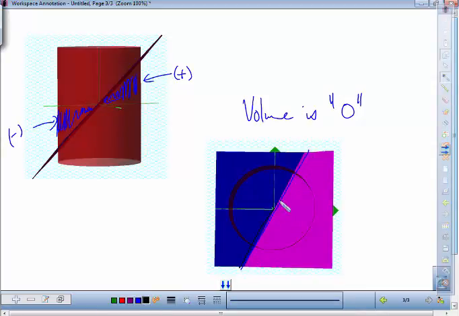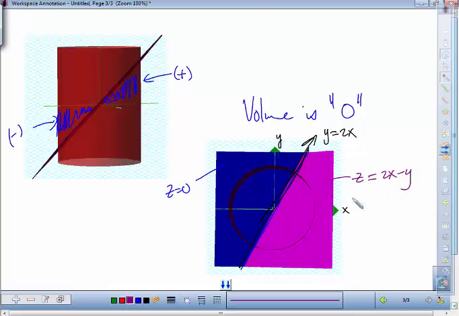Let's do black. So you have a line y is equal to 2x on the xy plane. If you look at it that way, and this is the plane z is equal to 0, and this is the plane z is equal to 2x minus y.